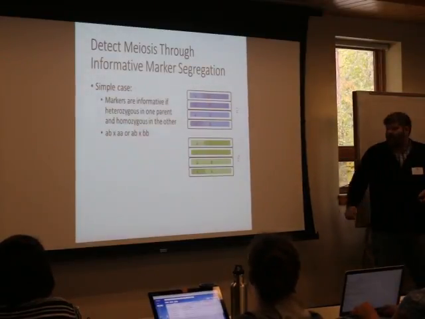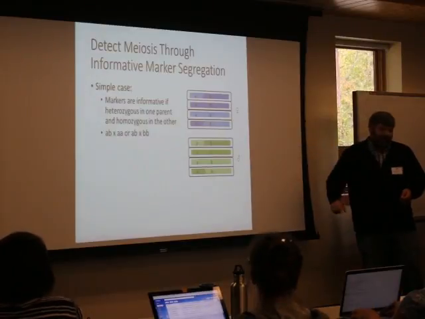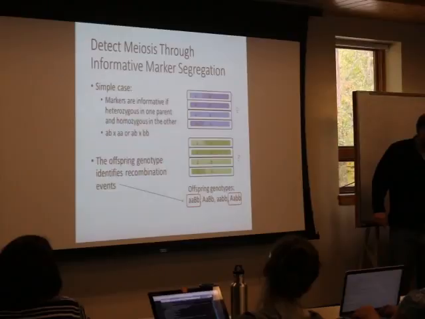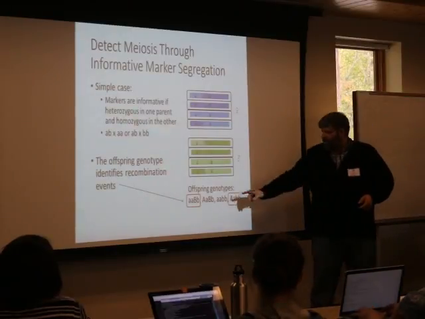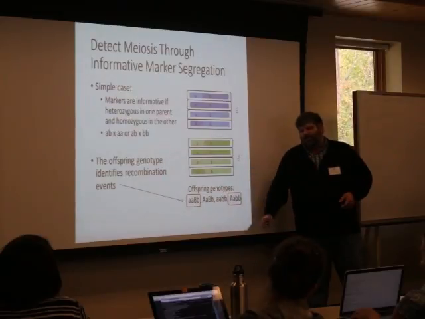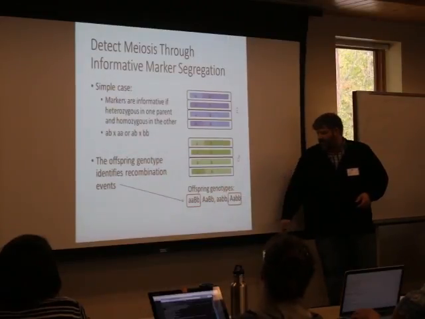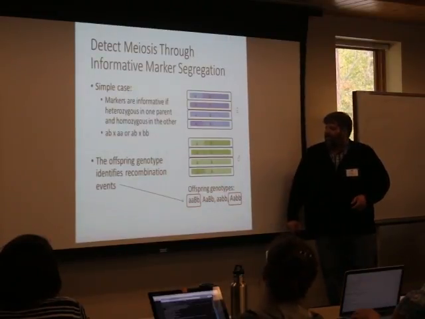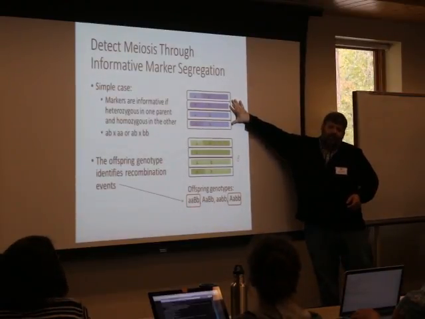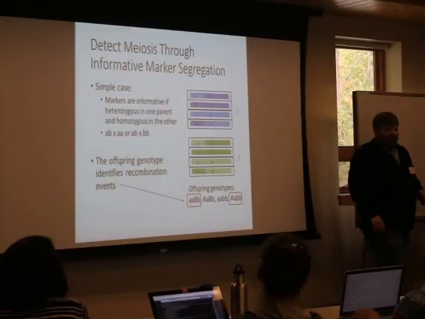If we have a male parent which is homozygous for both of these alleles, we can tell which of the offspring genotypes are recombinant: either little a, big B, or big A, little b. These 2 meiosis products are the recombinants.